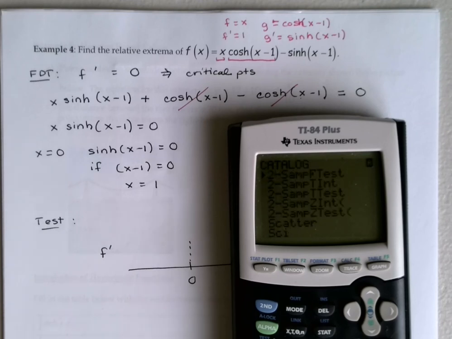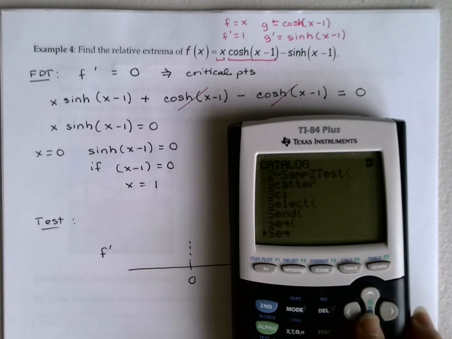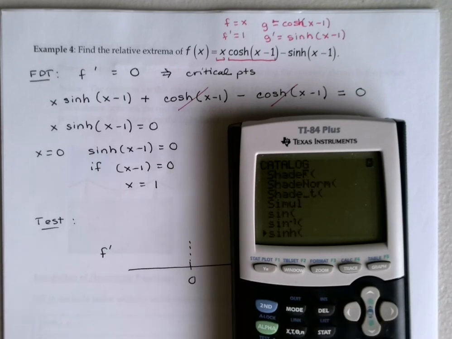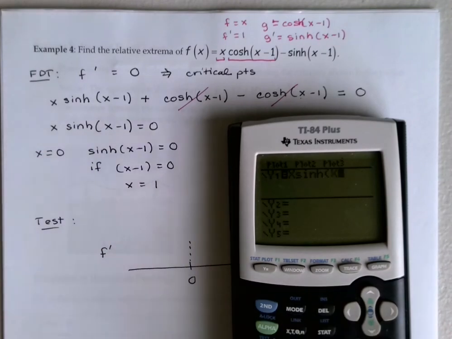Just hit that, and it'll automatically take you down to the s's, and then you don't have to scroll so much. There it is, hyperbolic sine of x minus 1. There's a lot of things in the calculator that I don't use that often, and if I don't know where else it is, I can always find it in the catalog that way.